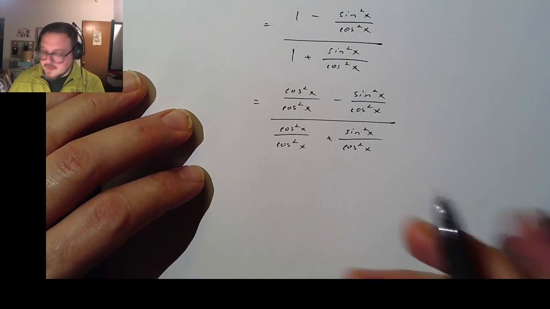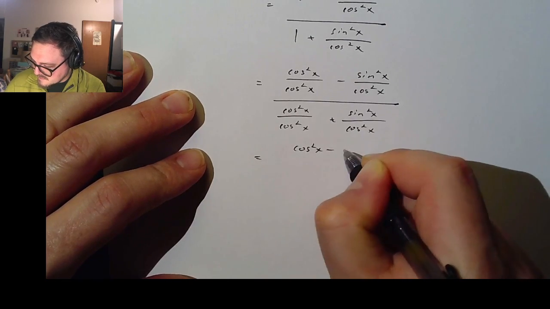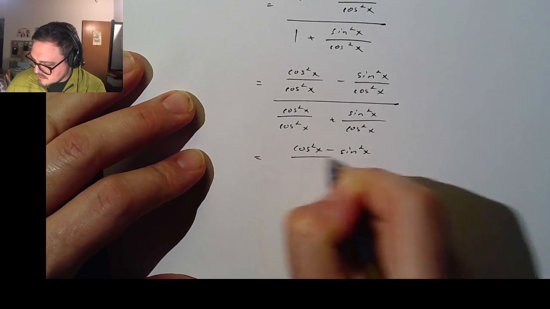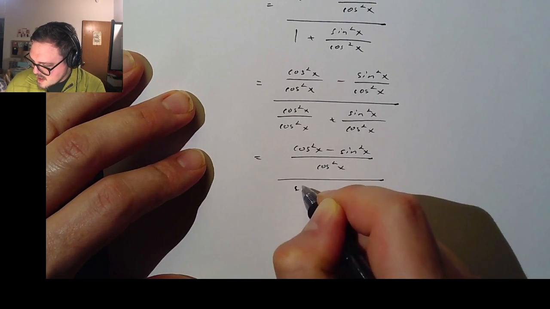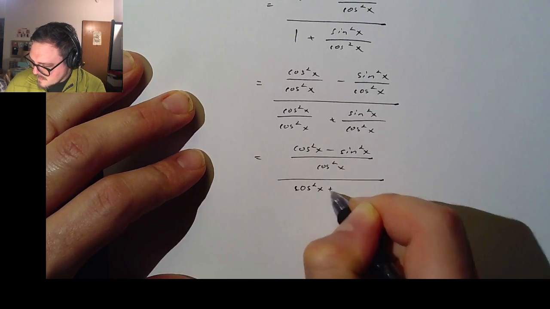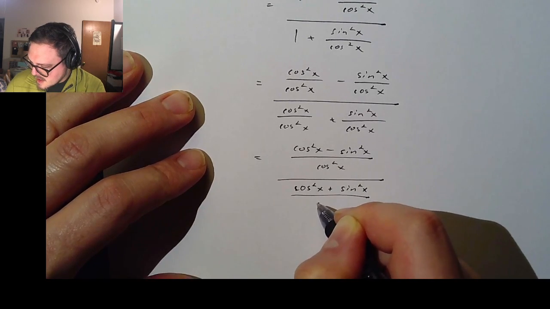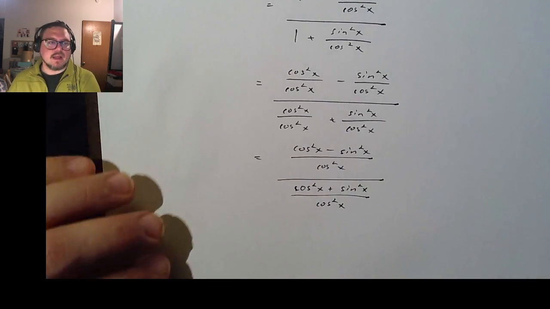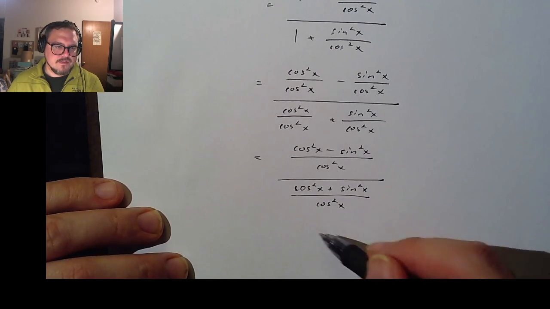And now if I actually add these things together, I get cosine squared x minus sine squared x all over cosine squared x all over. Notice that as I'm doing this, my fraction bars are different widths. And that's to help me figure out what is a fraction over what, right? This is the fraction over this thing here.